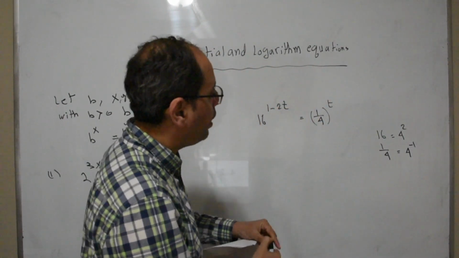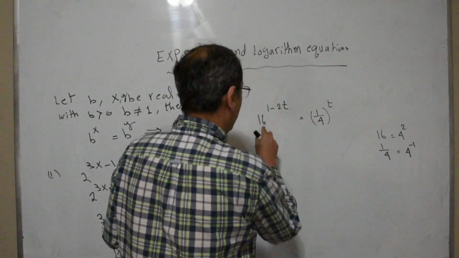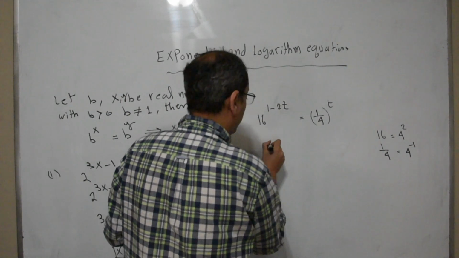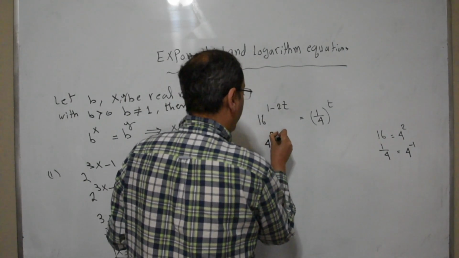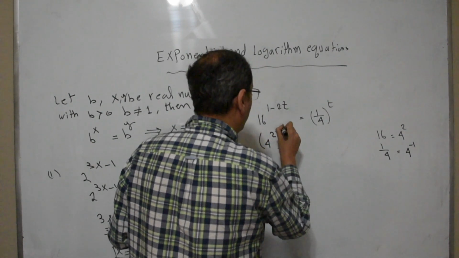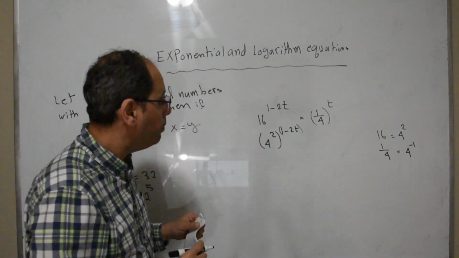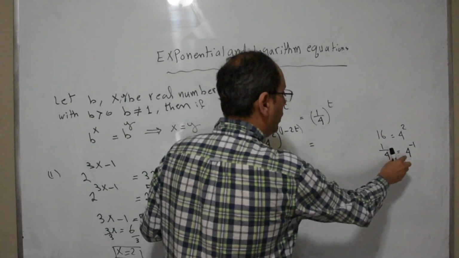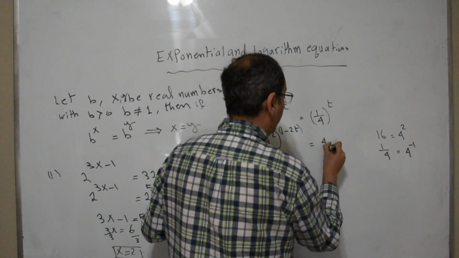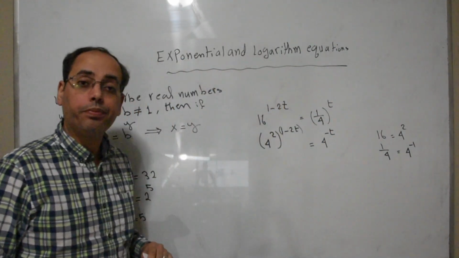So now I converted both of these to base 4. I'm going to rewrite 16 as 4 squared to the 1 minus 2t, equal to 4 to the negative 1 times t, which is negative t.